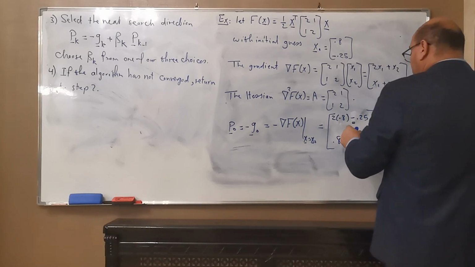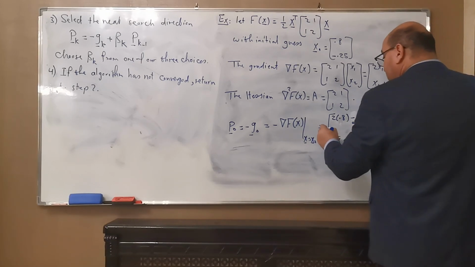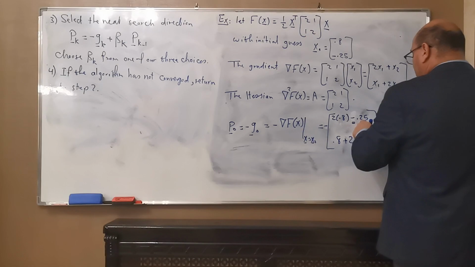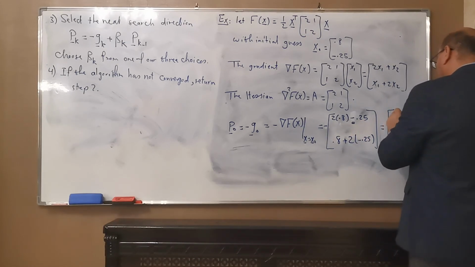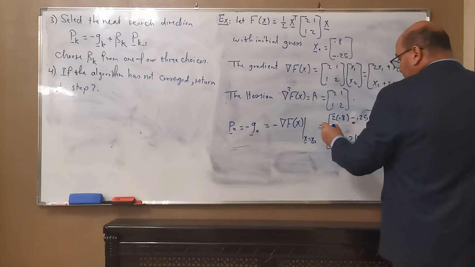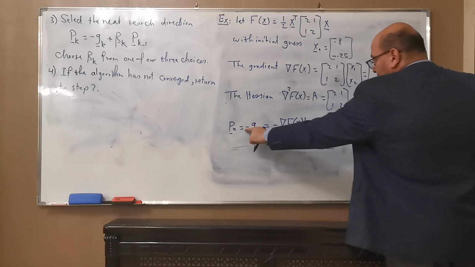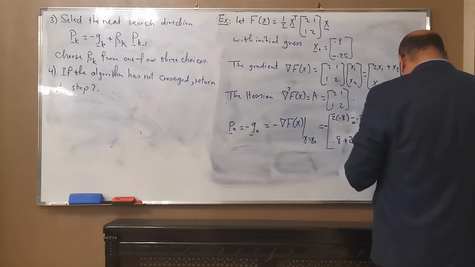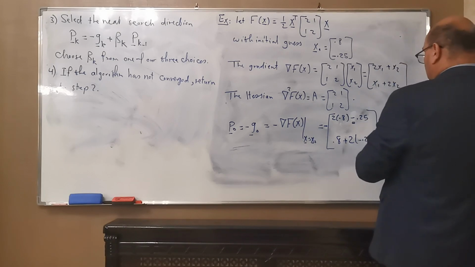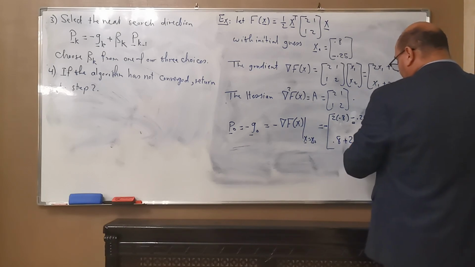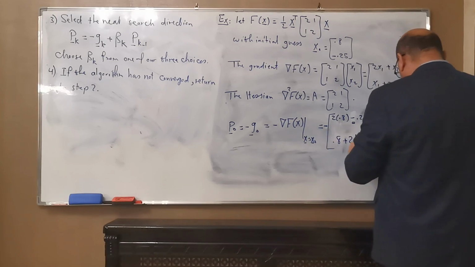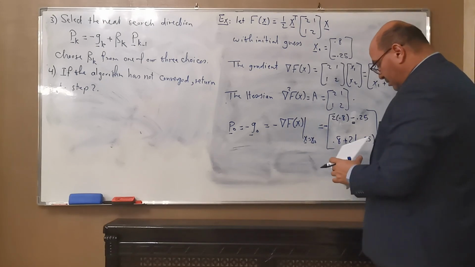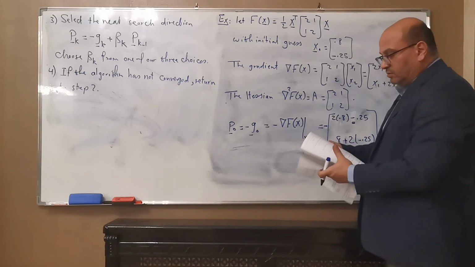With a minus sign outside, so 1.6 minus 0.25 is 1.35, and 0.8 minus 0.5 is 0.3, so g0 is (1.35, 0.3) and P0 is (-1.35, -0.3). So this is our first search direction.